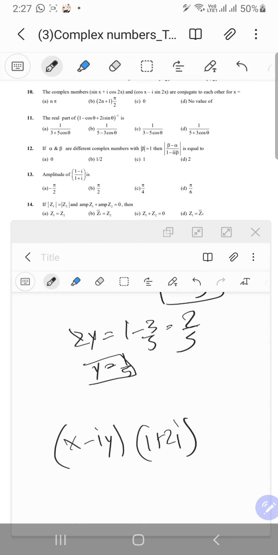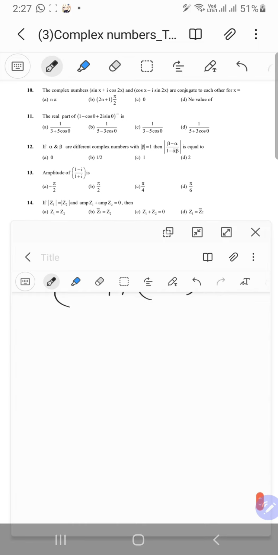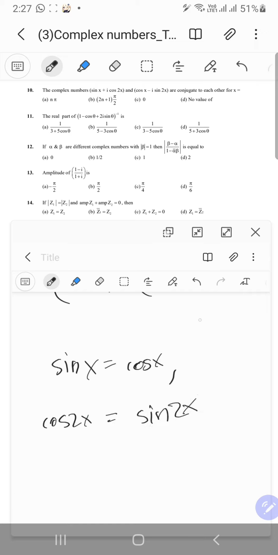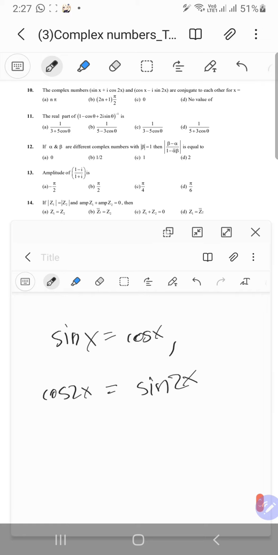Next question. The complex numbers sine x plus I cosine of 2x and cosine x minus I sine of 2x are conjugate to each other for x equal to, come on, these are conjugates to each other. So just got sine x equal to cosine x and cosine 2x equal to sine 2x, right? So negative of negative positive, yeah, that makes sense.